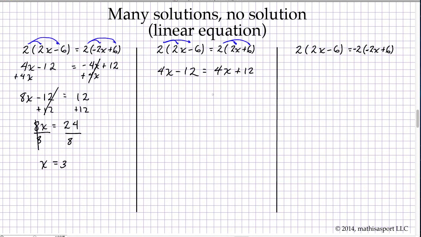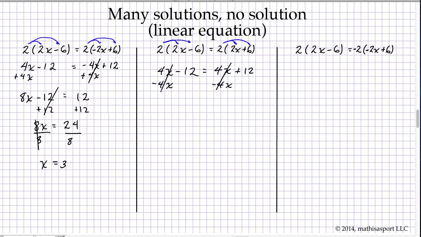The same situation here is that we'd like to bring all of the x's onto the same side of the equation. So I'm going to subtract 4x here, and therefore I have to subtract 4x here to keep the equation balanced.